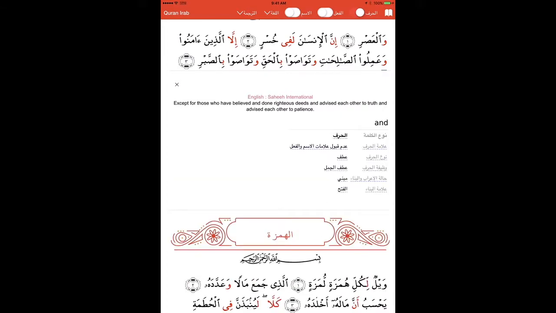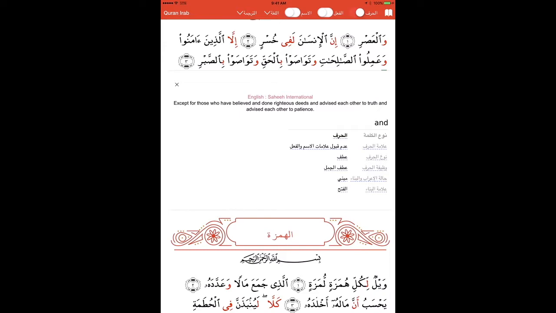This is waw ataf, the waw of connection, a particle that connects between two statements. Except those who believed and do good deeds. So this is another example of harf waw, and the waw is waw ataf. What it does is connect sentences.